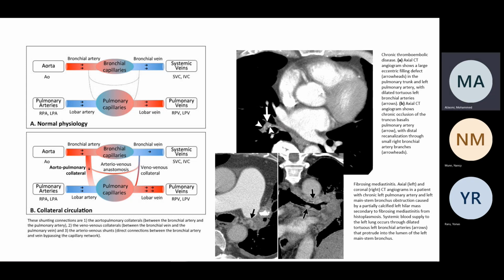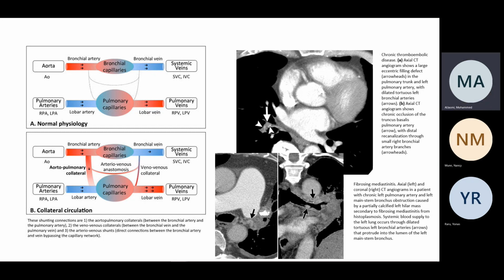So in a normal situation, you have bronchial capillaries and pulmonary capillaries that are basically separated from each other, right? The normal fraction of the shunt in our lungs is what? 1%, right? Bronchial vessels, instead of draining into the superior or inferior vena cava, drain to the left side of the heart. That's about 1%.